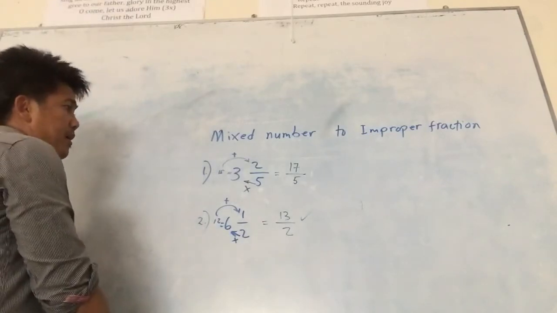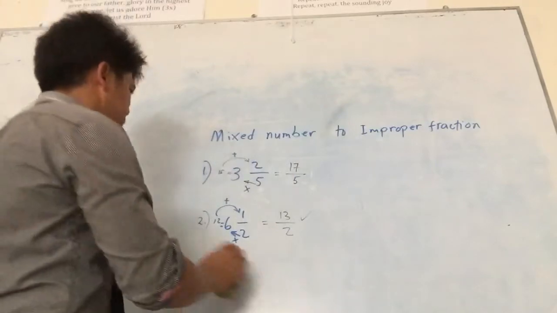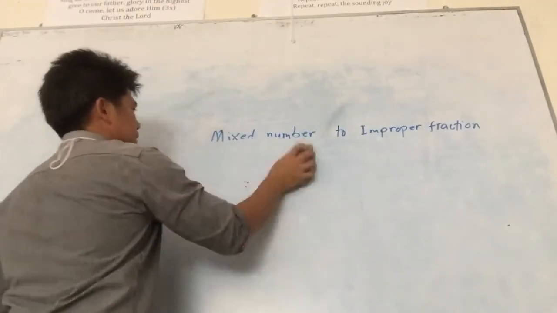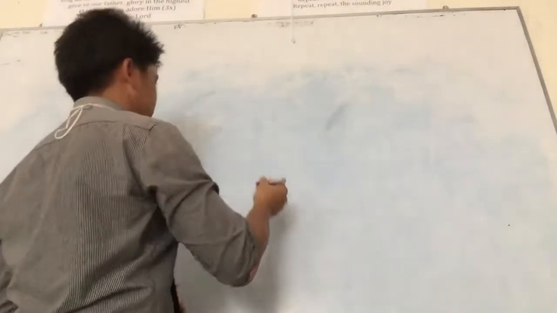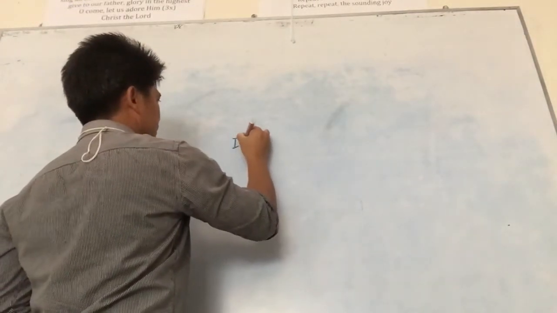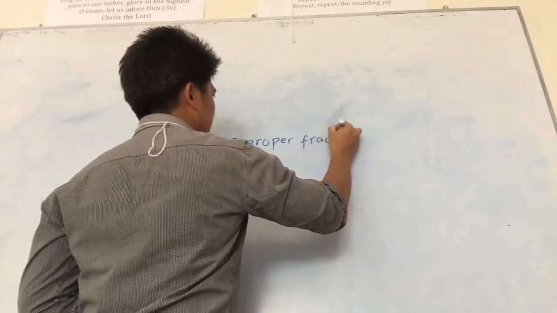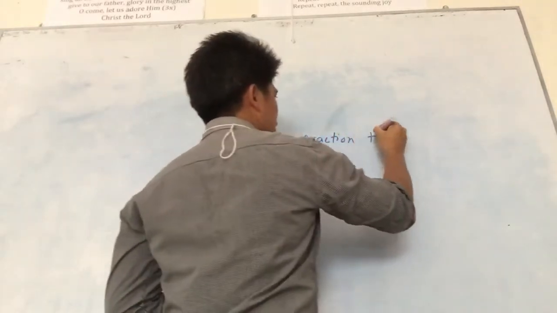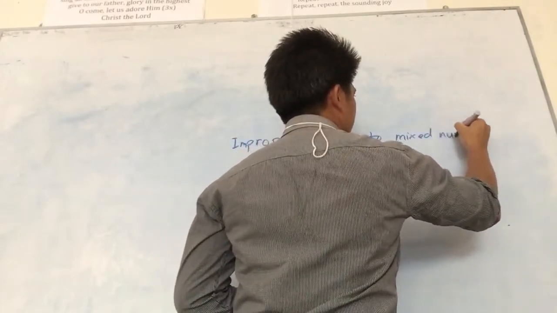Now, how can you make an improper fraction into a mixed number? Simple steps. I'm going to erase this one. Improper fraction to mixed number.